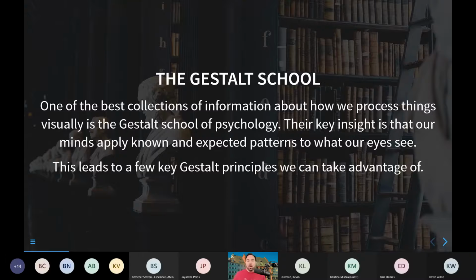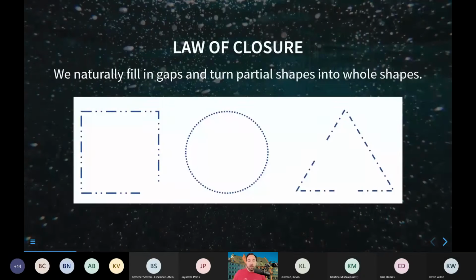This leads to some Gestalt principles that we're able to take advantage of in everyday life. The first one is called the law of closure. The idea here is that's a square. Well, technically it's not a square. Those edges aren't closed in. However, you can look at that and say, no, that's a square. It's just not complete, but you complete it in your mind.